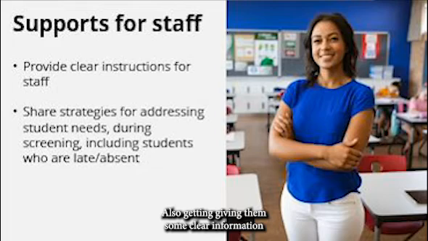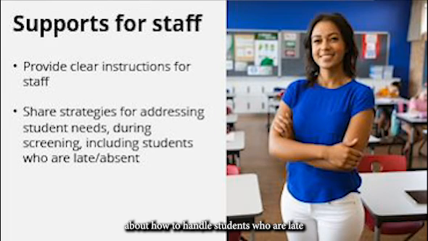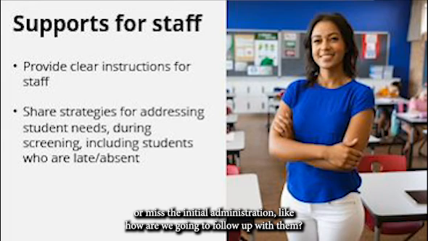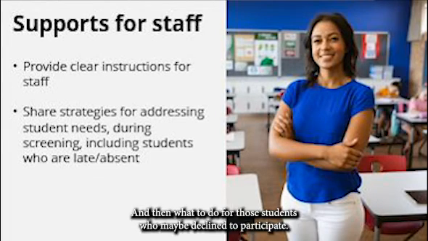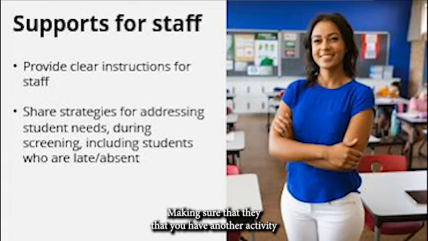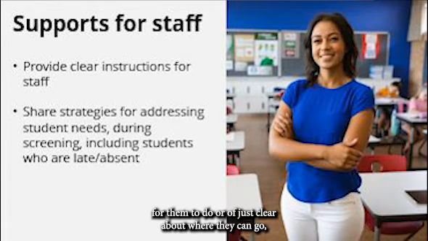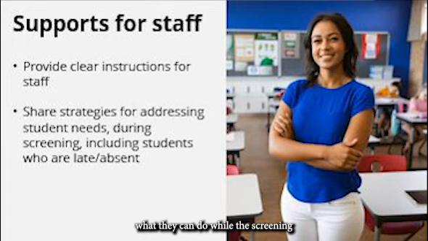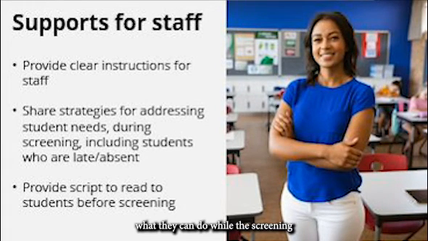Also give staff clear information about how to handle students who are late or miss the initial administration, like how are we going to follow up with them? And what to do for those students who decline to participate. Make sure you have another activity for them to do, or are clear about where they can go and what they can do while the screening is taking place for other students.